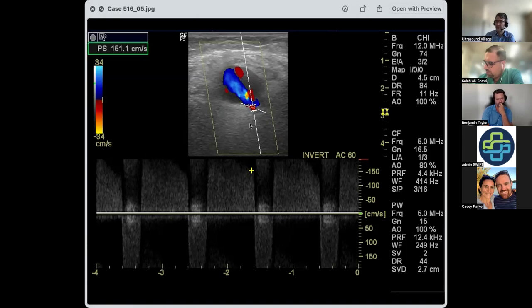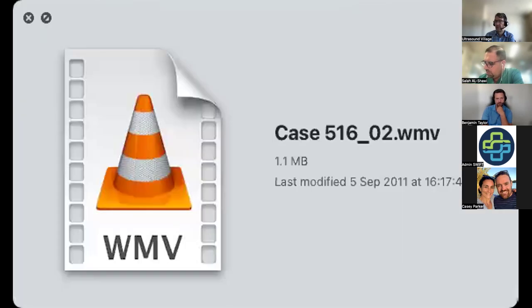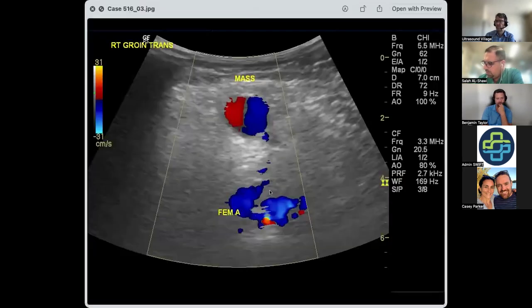You need to know the size of the neck. If we go back to the original, you can see that's quite a long way away. The treatment for this used to be, and still is, thrombin injections.